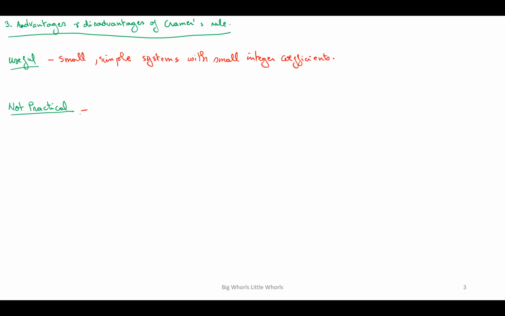But when we have big, complex, and non-integer coefficients, then Cramer's rule is not suitable. We just use our friendly Gauss's method. So Cramer's rule is not practical for large or complex systems. This is going to be the end of this chapter.